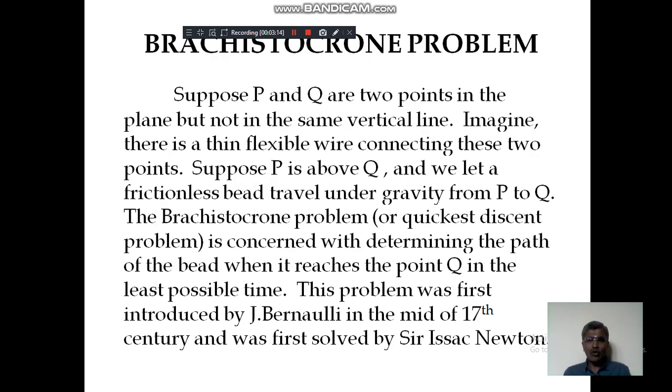Then Brachistochrone problem. Suppose P and Q are two points in the plane but not in the same vertical line. Imagine there is a thin flexible wire connecting these two points. Suppose P is above Q and we let a frictionless bead travel under gravity from P to Q. The Brachistochrone problem or quickest descent problem is concerned with determining the path of the bead when it reaches the point Q in the least possible time.